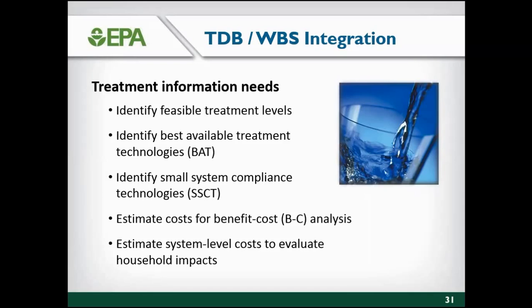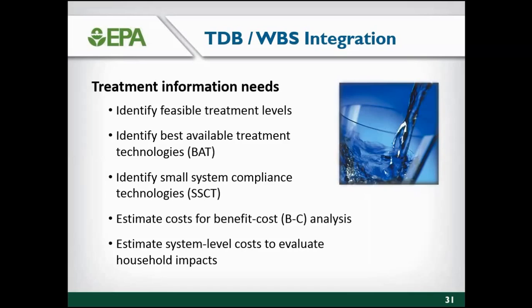And we need to identify essentially the best available technology for those size systems within EPA. And that's usually attached to some affordability concept with regard to household income of whether or not a system is affordable or not. And that's what designates SSCT. We can also use the 4th bullet to estimate costs for the cost-benefit analysis that EPA does with every regulation.